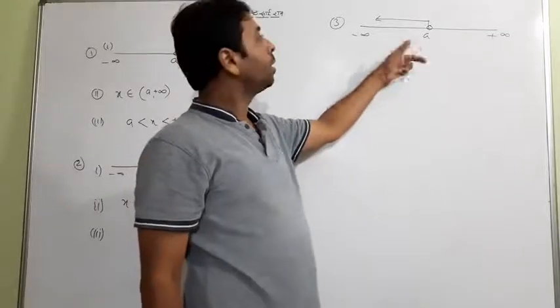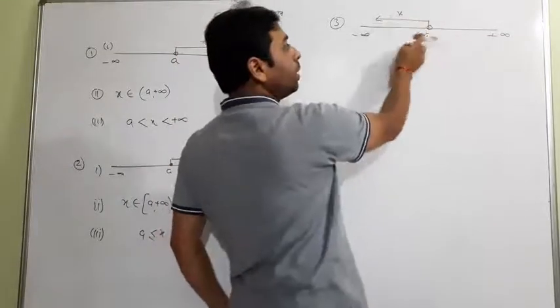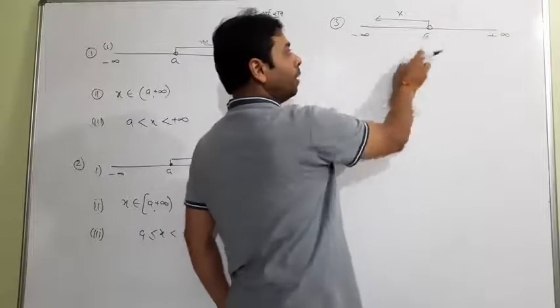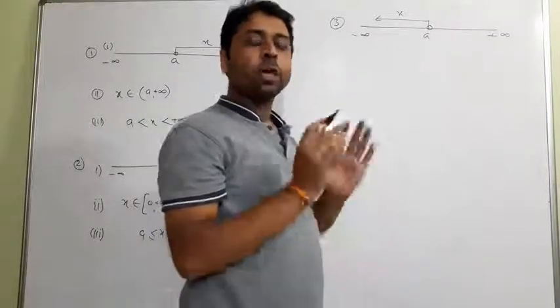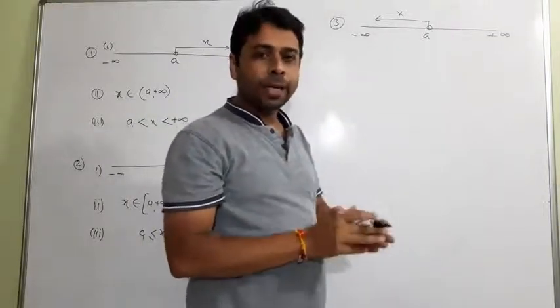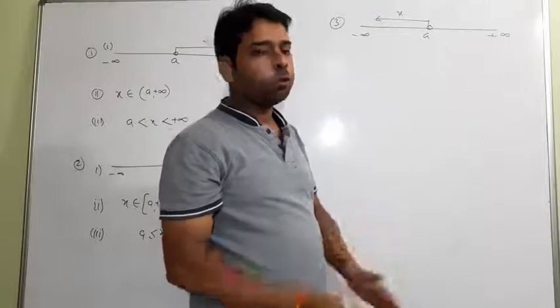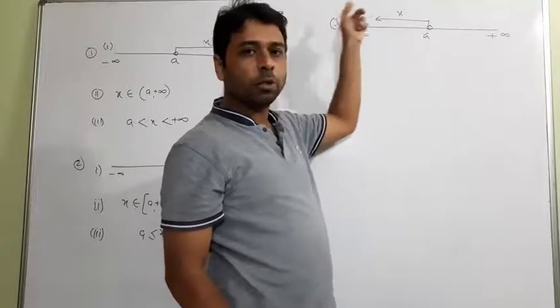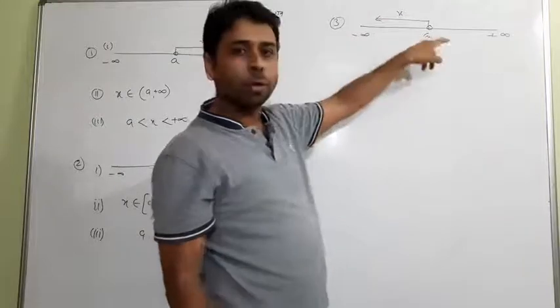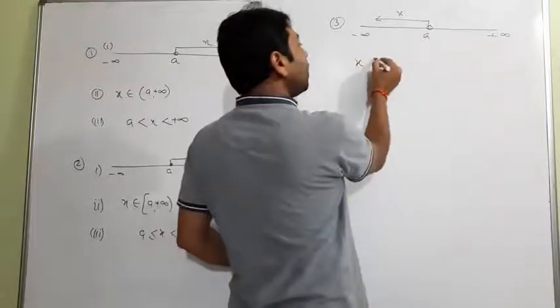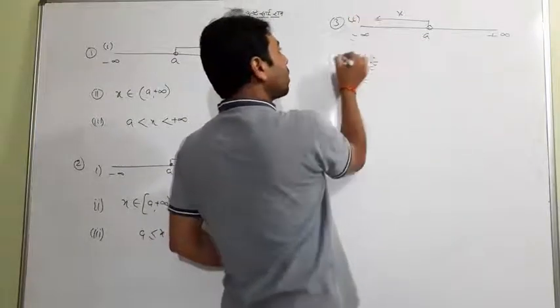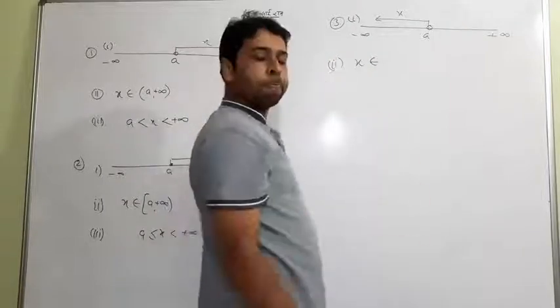What is its meaning? That x lies between these two, and it is definitely always open. So keep one thing in mind: while writing the interval, you always write from left to right. If you write x belongs to, this is the first, graphical meaning, and this is the second, interval meaning.